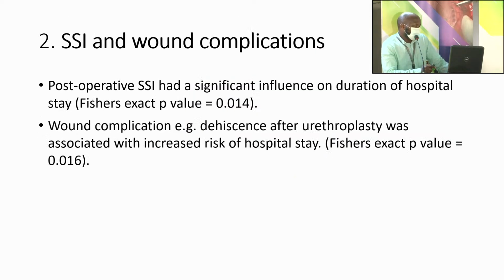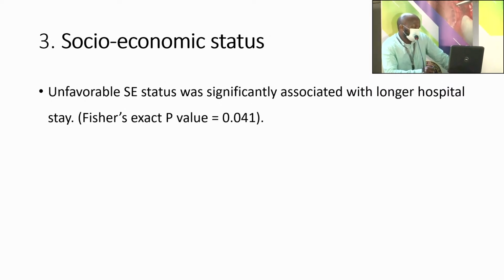So we looked at SSI and other wound complications. There was a significant contribution to longer hospital stay with a p-value of 0.014. The next was socioeconomic status, where unfavorable socioeconomic status was associated with longer hospital stay with a p-value of 0.041.